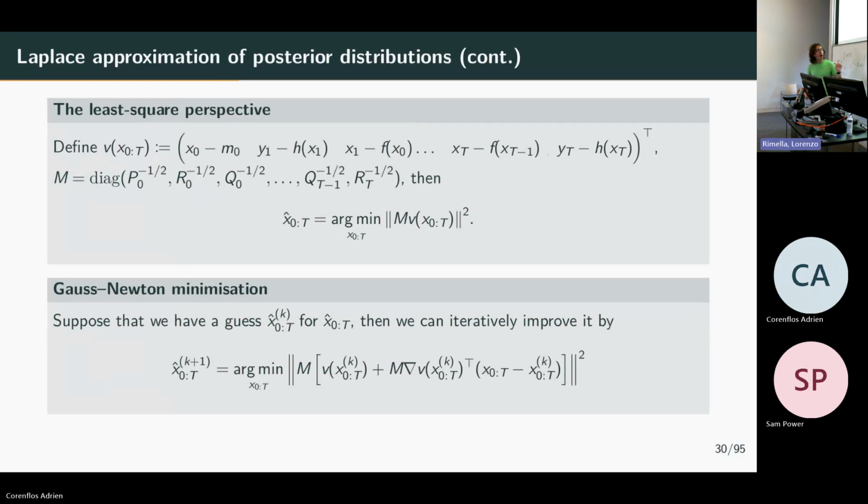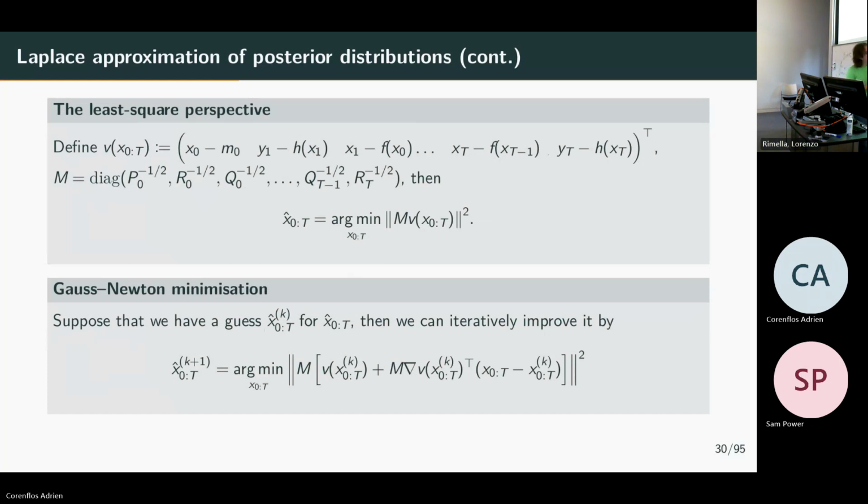So I have a current guess for my maximum a posteriori, so essentially a trajectory. And I'm going to find the next best approximation for the trajectory as the minimum of that specific loss function, or at least that's what I want to do. That's the Gauss-Newton method.